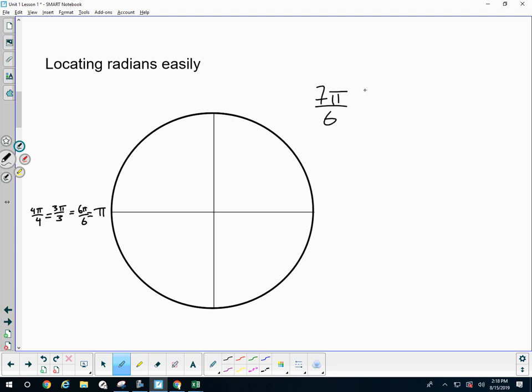Well, 7 pi over 6 is just 1 pi over 6 added to 6 pi over 6, or 1 pi over 6 added to pi.